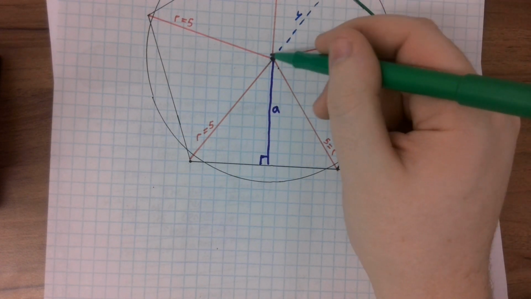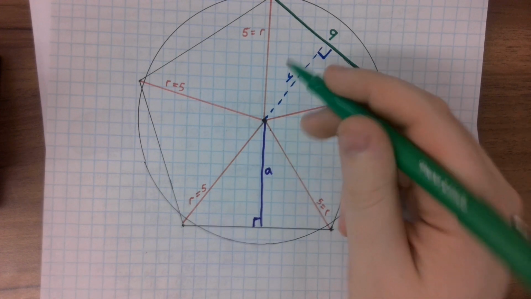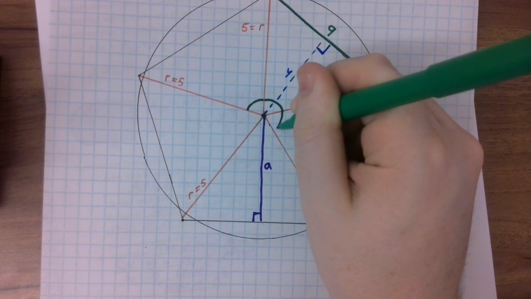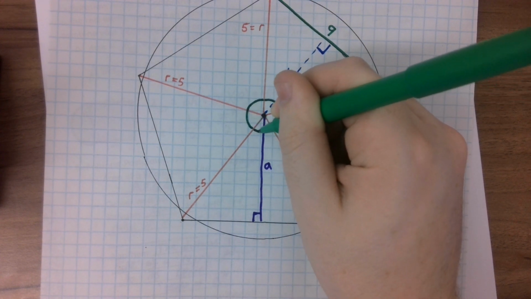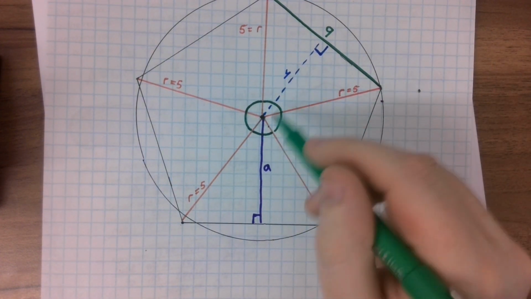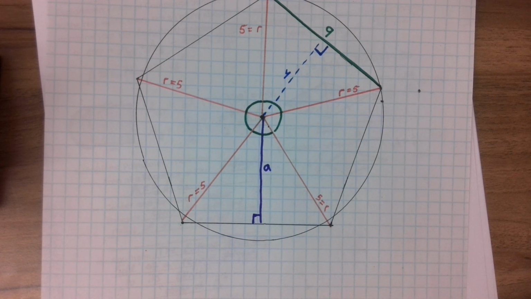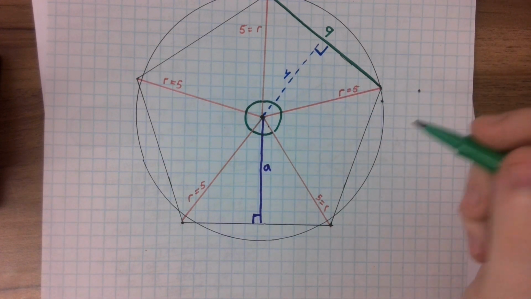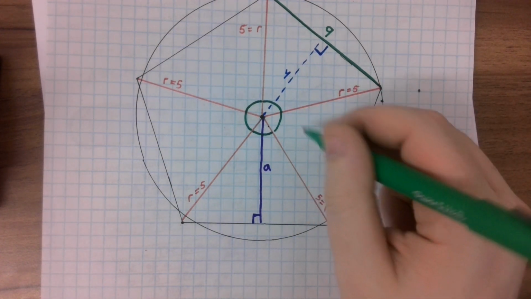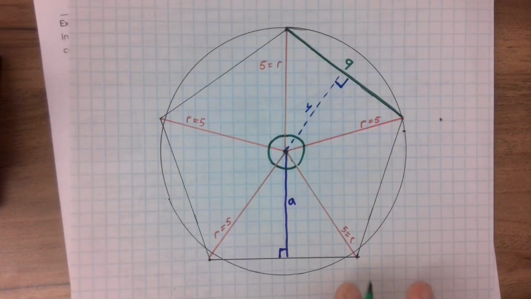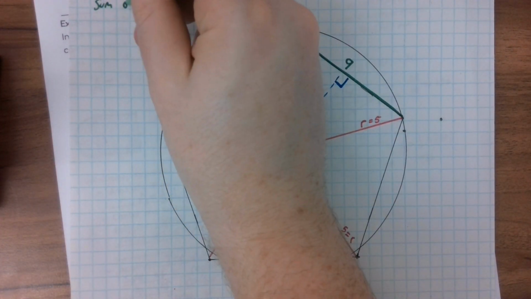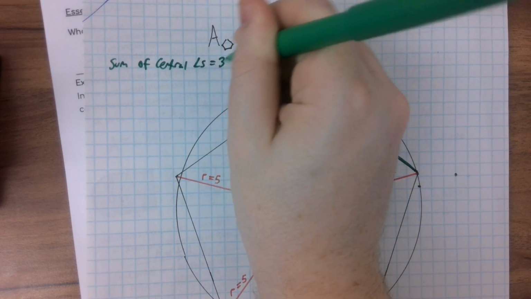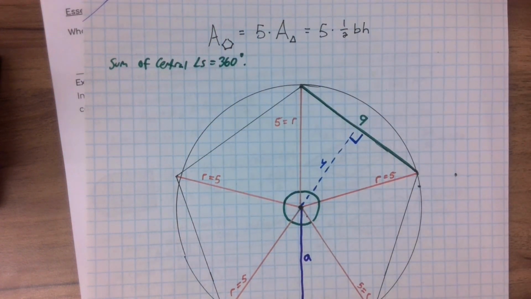Folks, if we took all points of all 5 of these triangles in the center and combined them, bam, bam, bam, bam, bam, what shape does that make? All 5 angles would come together and make a circle, right? So we know that the sum of the central angles is 360 degrees.